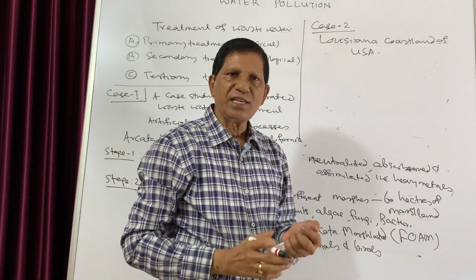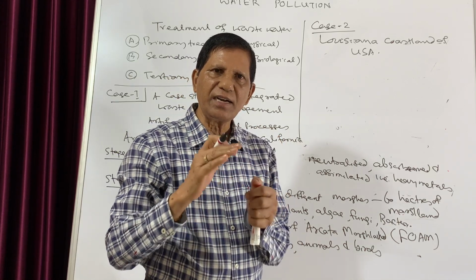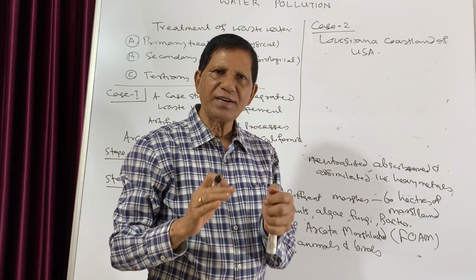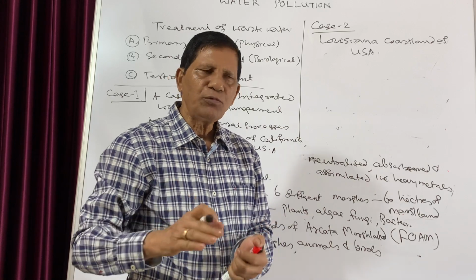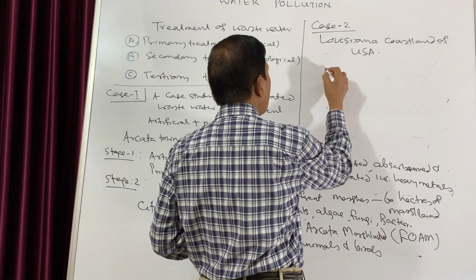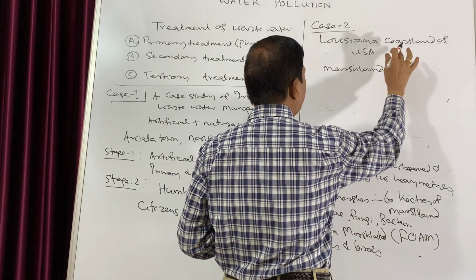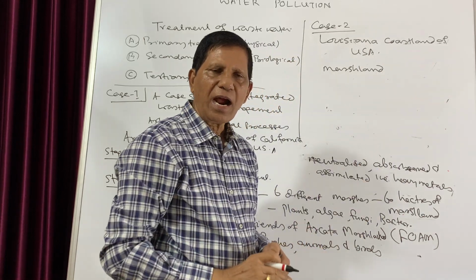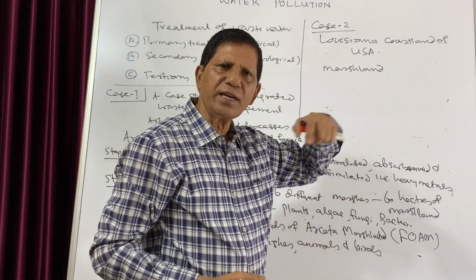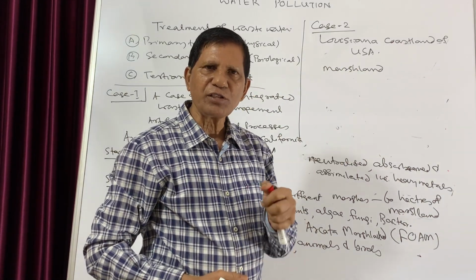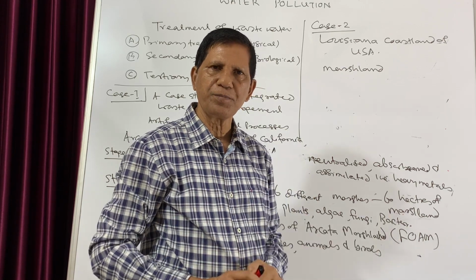Here in this case also, the wastewater after the primary and secondary treatment, with the nitrates and phosphates still present in it, was allowed to pass through a marshland present in this Louisiana coastland. By using these phosphates and nitrates, the coastland plants grew very rapidly. And it was found that all the heavy metals, nitrates and phosphates were utilized by them.